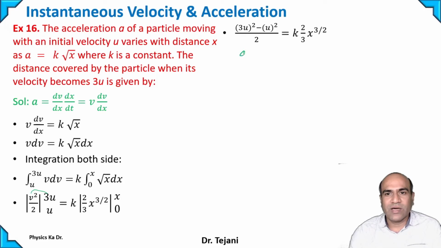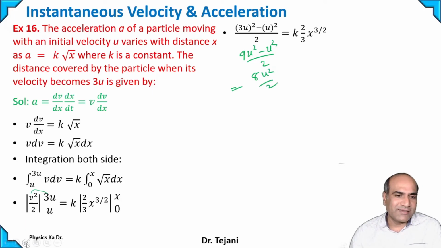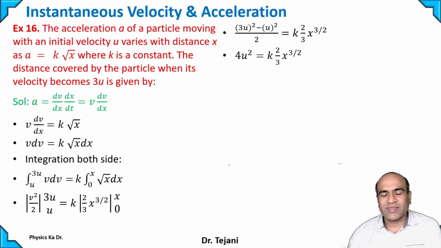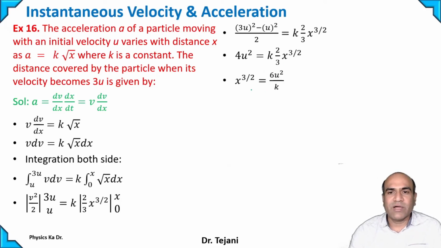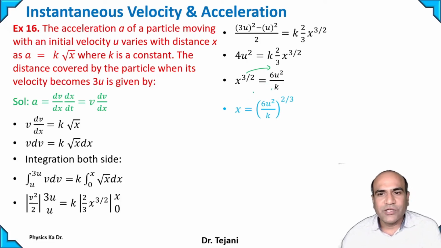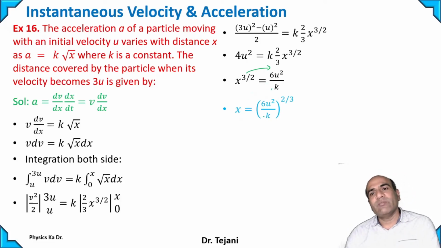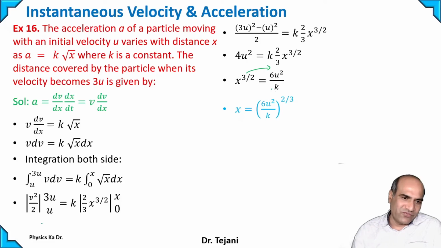So when you have 9u squared minus u squared divided by 2, it becomes 8u squared by 2, and you can solve it. Now it becomes very easy. So 4u squared is equal to k times 2 by 3 x power 3 by 2, and you can take the opposite power on the opposite side. So x is equal to 6u squared divided by k, to the power 2 by 3. Very simple.